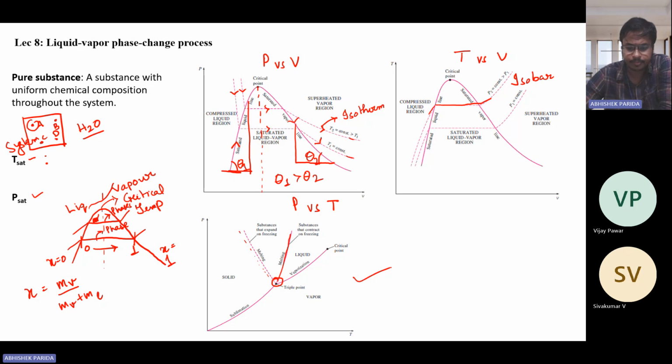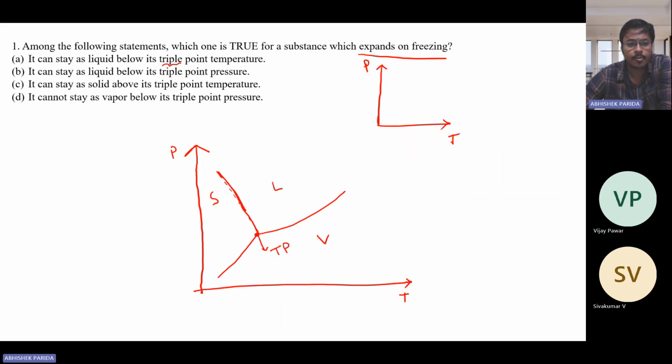Yes, sir. Now tell me. First option. What is the first option? It can stay as liquid below its triple point temperature. So first of all, this is the triple point temperature. Yes.